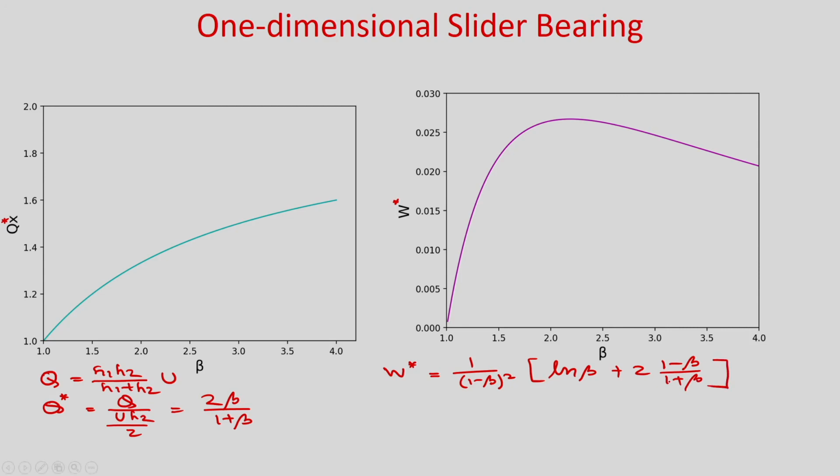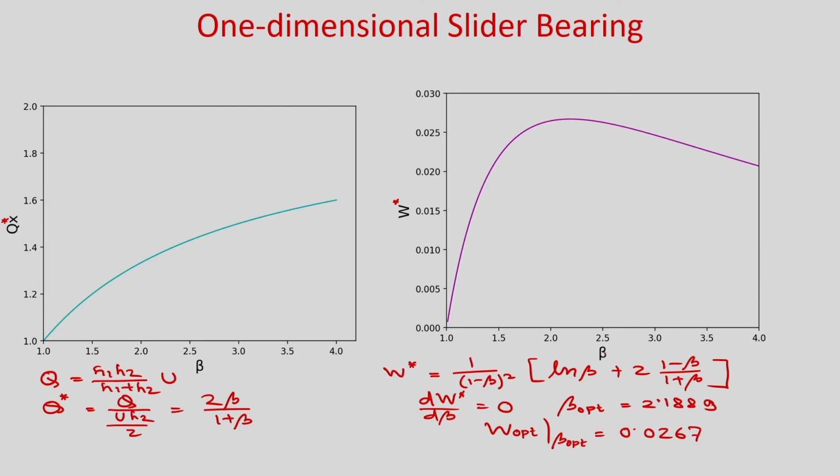So, now if you want to find at what beta this W star will become maximum, we can write dW star by d beta will be 0. So, you can see that beta optimum you will get as 2.1889 and W star at beta optimum at this value you will get as 0.0267.